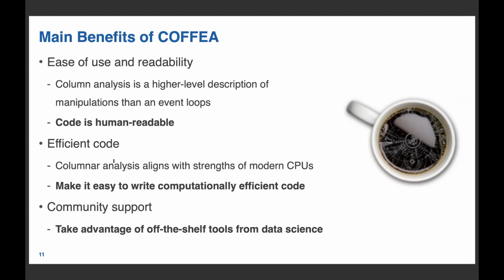So code is human readable. That is because columnar analysis is a higher level description of manipulation. So you can really see when you read code what the code is doing. For a newcomer, it would be easier to pick up code and understand what that code is doing.